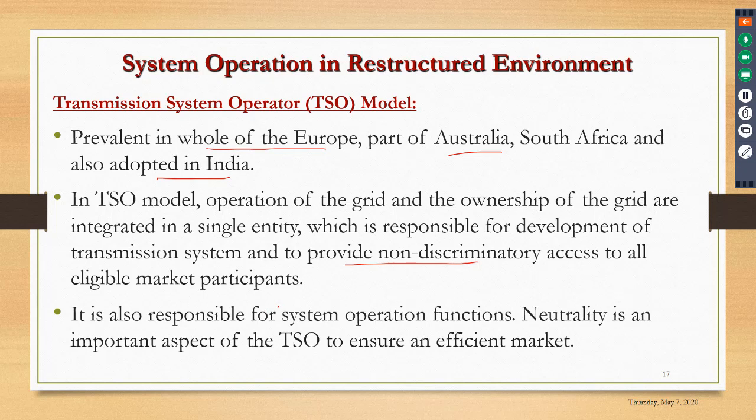It is also responsible for the system operation functions. Neutrality is an important aspect of the TSO to ensure efficiency. So these two models are system operator models. Based on these models, the electric utilities are working.